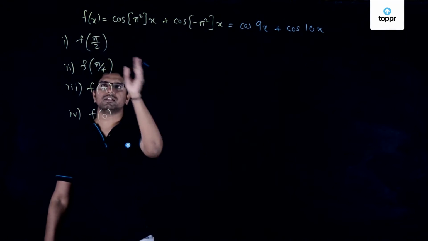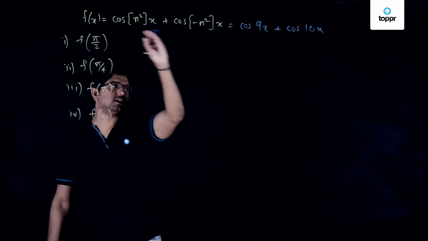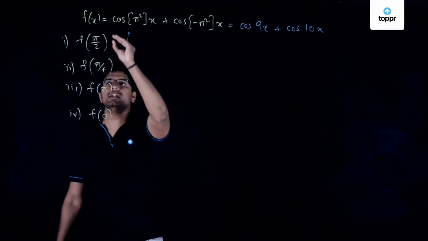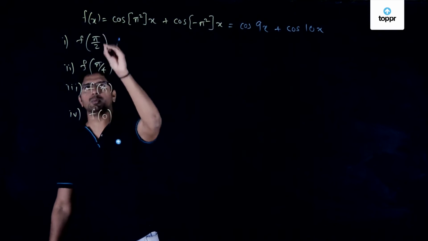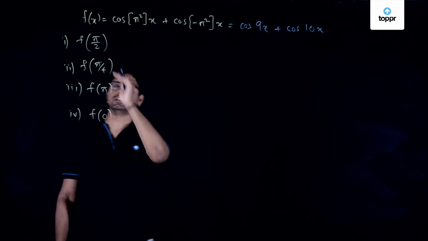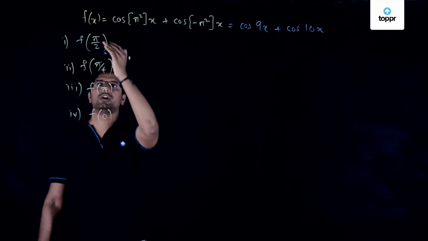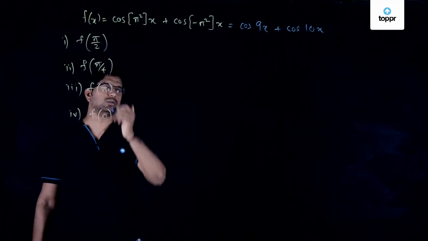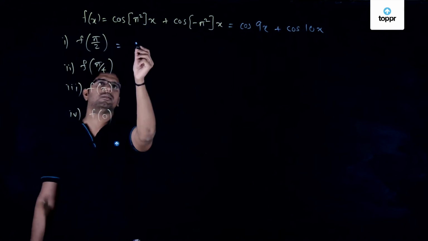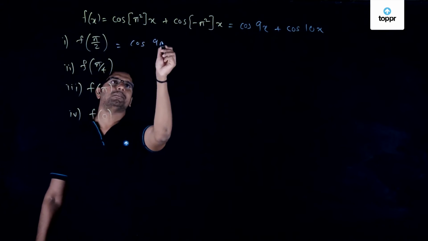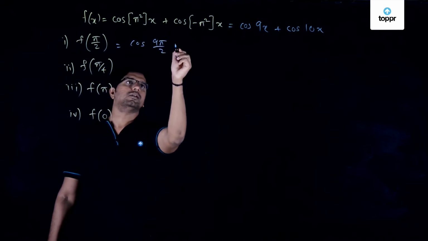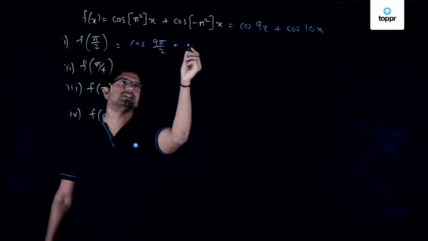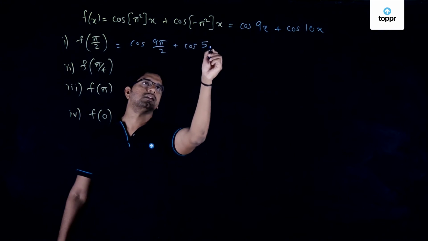Now, all that matters is to evaluate the value of the function for different values given for x. The first thing we have to do is evaluate it at pi by 2. So, what happens here, we have cos 9 pi by 2 plus cos 10 pi by 2, which is equal to cos 9 pi by 2 plus cos 5 pi.